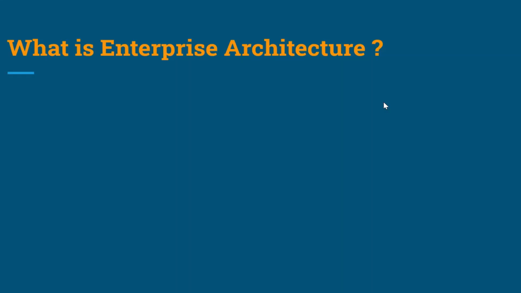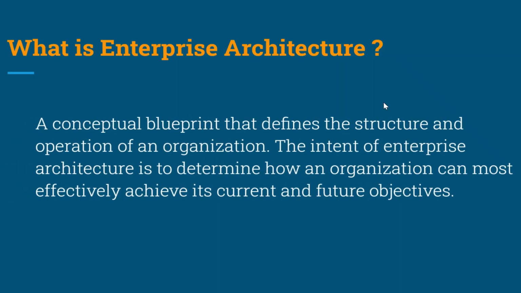So this is a rough outline of enterprise architecture. However, I also want to give you a standard definition of it. So here you go. Enterprise architecture is a conceptual blueprint that defines the structure and operation of an organization. The intent of an enterprise architecture is to determine how an organization can most effectively achieve its current and future objectives.